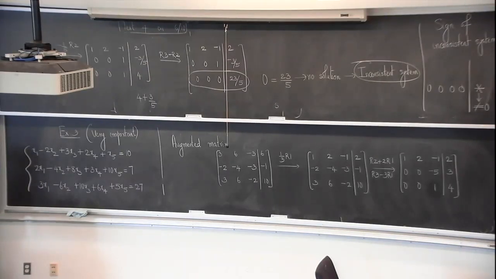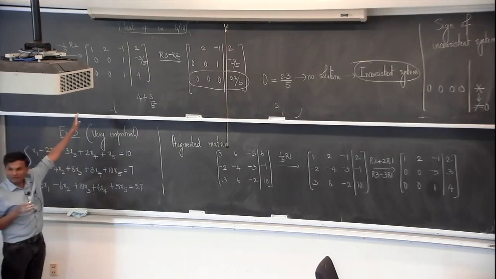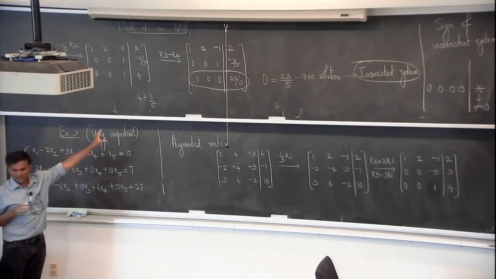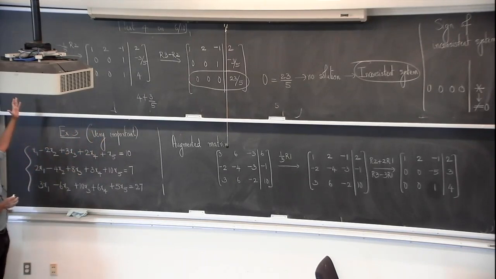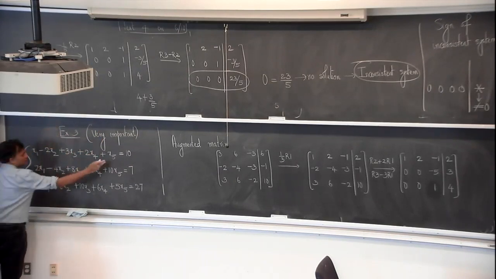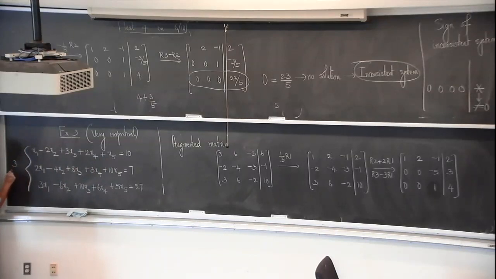Ideally, what should we have for a system of linear equations? What is the most ideal situation? We should have the same number of equations and variables. Examples 1 and 2, whether we had a unique solution or no solution, had 3 equations and 3 variables. Here we have 5 variables, only 3 equations.